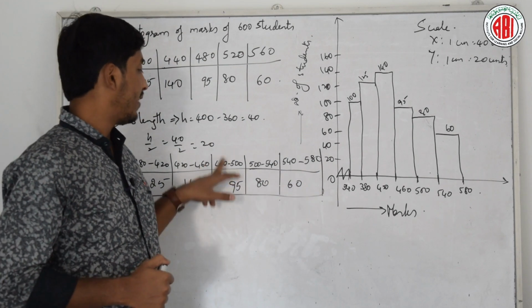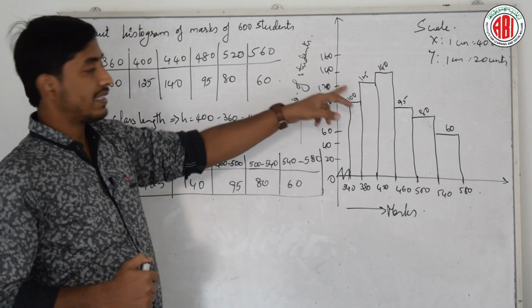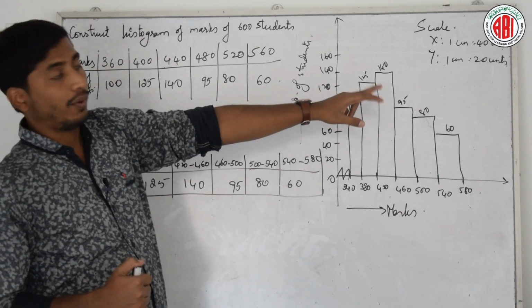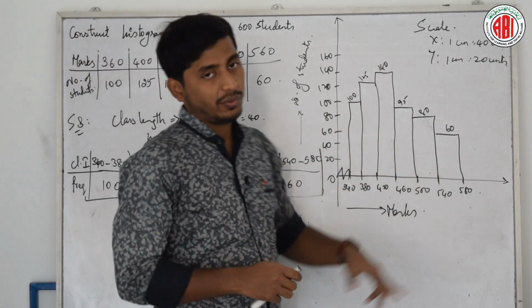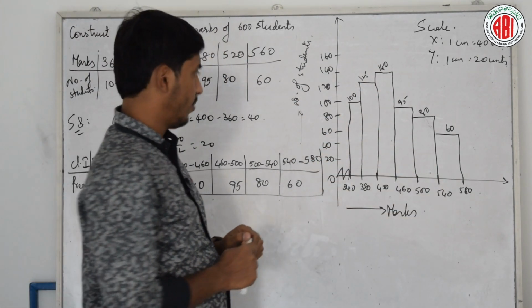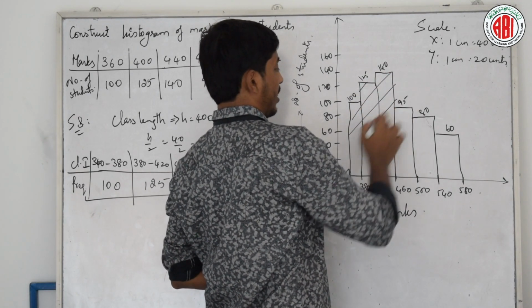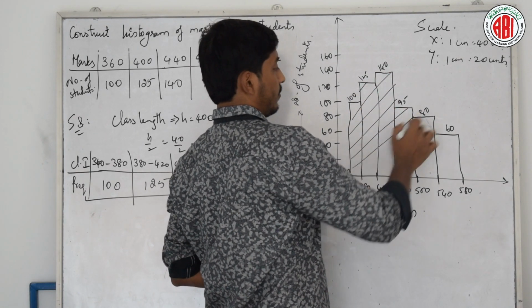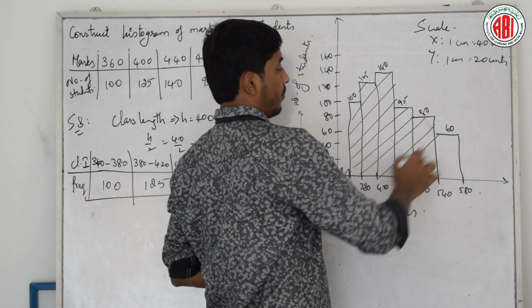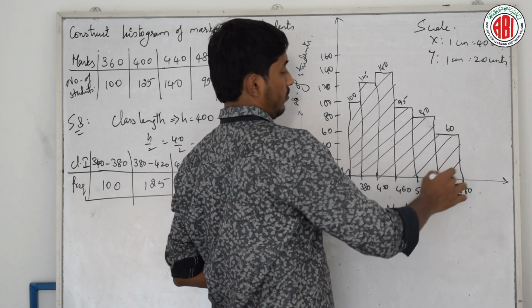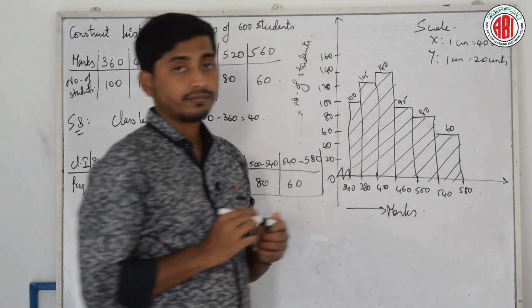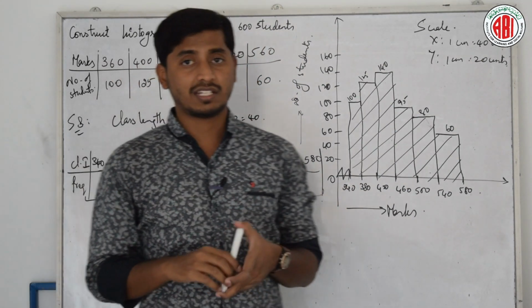Then check for each and every class what the frequency is and just draw rectangular boxes. Don't leave a gap in between. If you want, you can even draw lines like this, or shade everything. It's up to you. Clear? Shall we move to the next question?